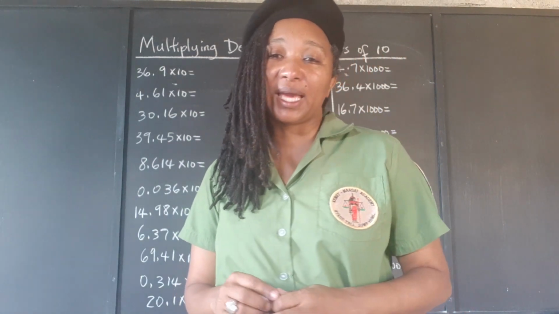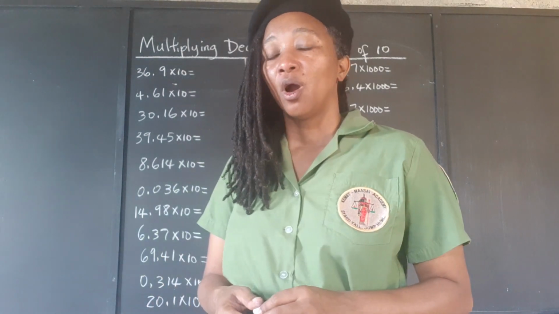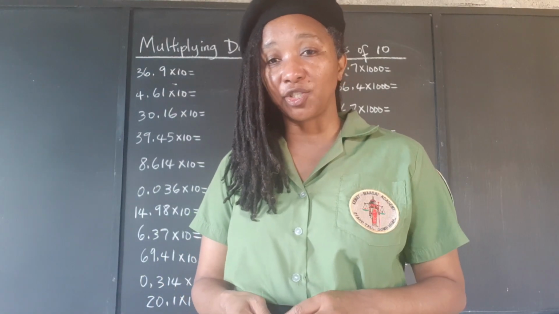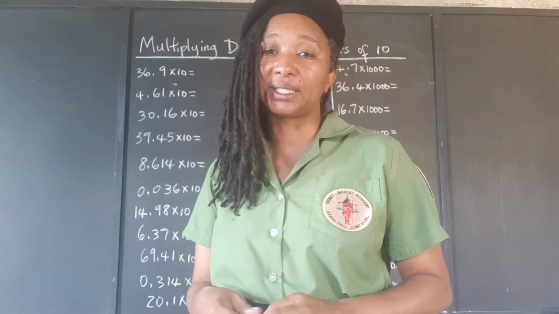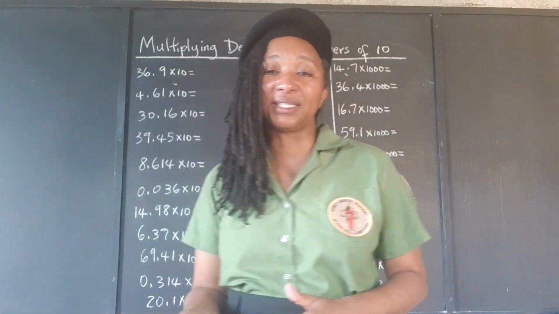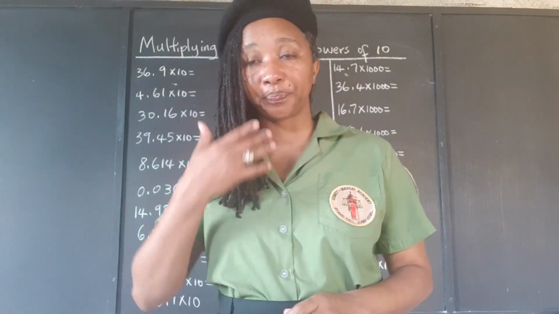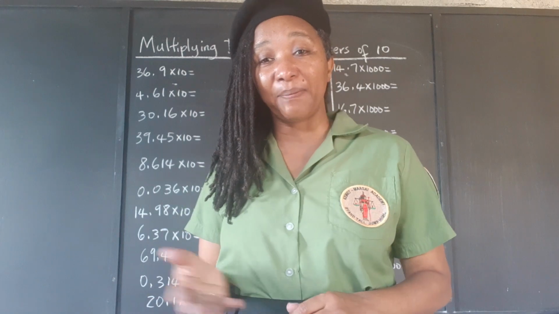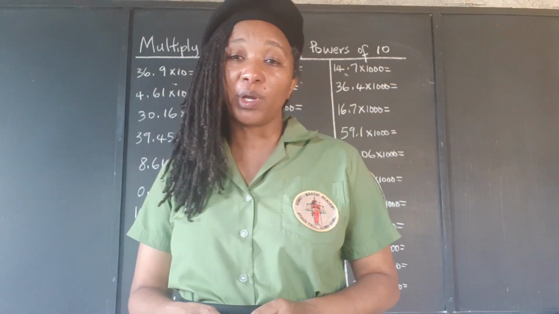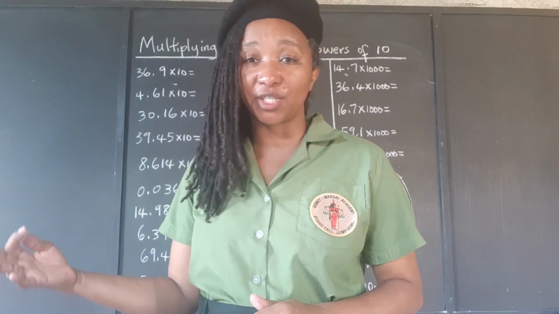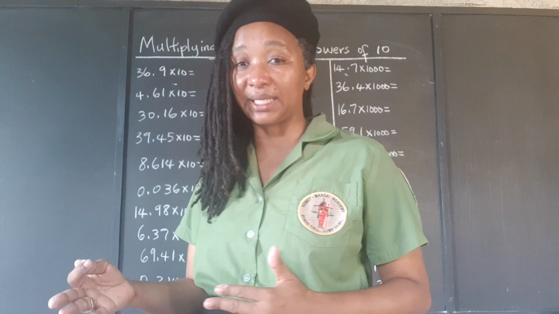When we're multiplying decimals by powers of 10, all we need to do really is just to move to the right from the decimal point as many places as the power of 10 has 0s. So if we're multiplying by 10, 10 has one 0, therefore we would move the decimal point one place to the right.